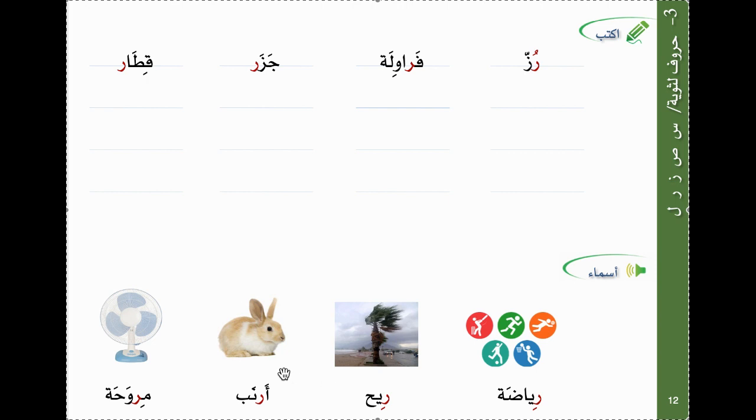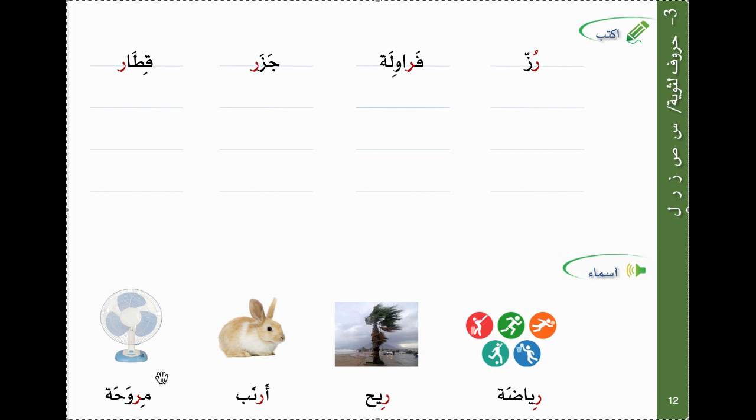And then we have arnab. Arnab, which means a super cute little rabbit or just rabbit. Okay, and then we have our final word, mirwaha. Mirwaha, meaning fan.